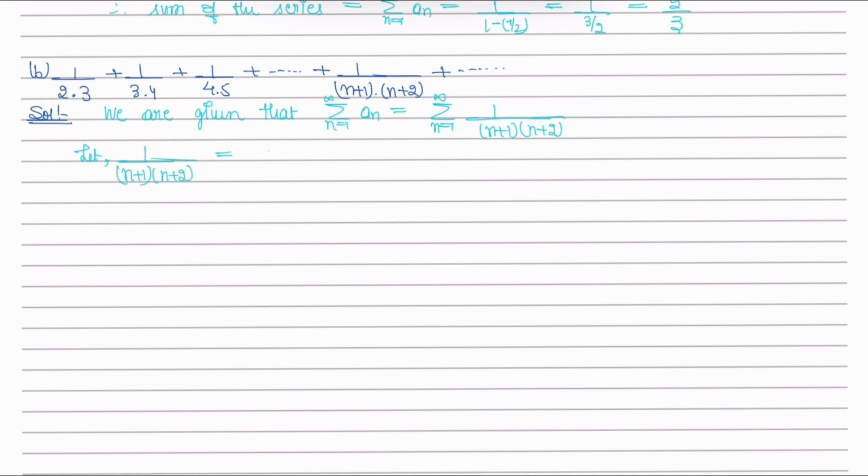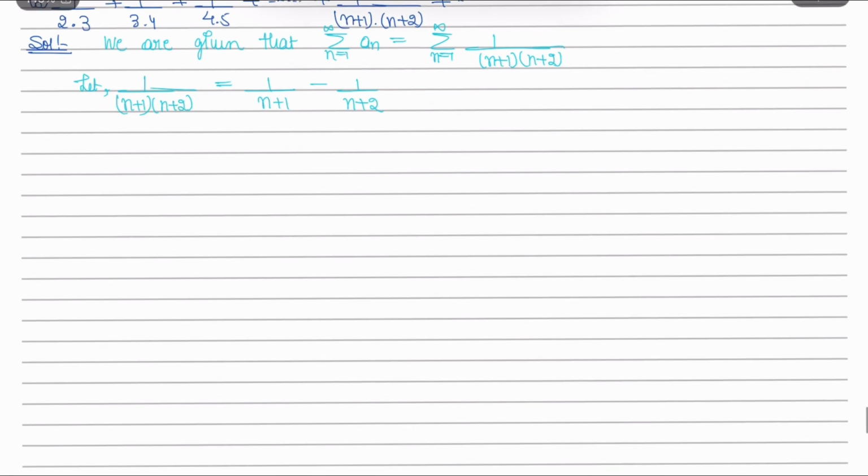Is equal to 1 upon n plus 1 minus 1 upon n plus 2. Therefore, summation n equals 1 to infinity of an is equal to summation n running from 1 to infinity of 1 upon n plus 1 minus 1 upon n plus 2.